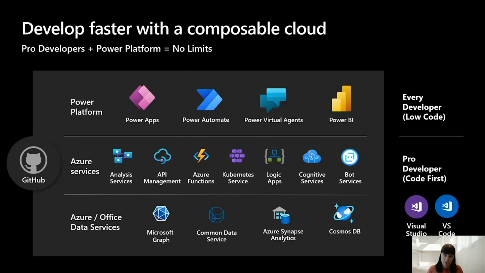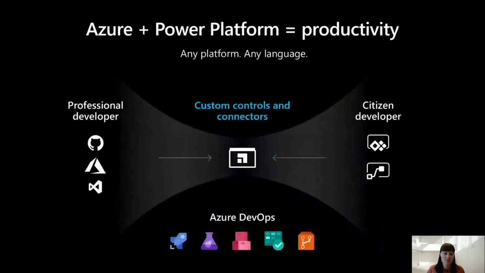And then obviously all the data services underneath as well, which can be used to store data, build UI on top, or even just call functions. So that is the full stack, tightly integrated with GitHub as well, and with Visual Studio and VS Code.